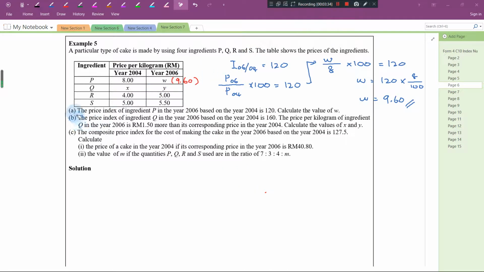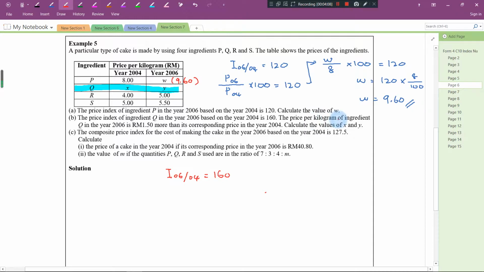Okay, now let's go to part B. The price index of ingredient Q. Okay, now we are talking about ingredient Q. Just focus on this ingredient Q over here. In the year 2006, based on the year 2004, it means that the index number in the year 2006 based on 2004 is equal to 160, increases 60%.